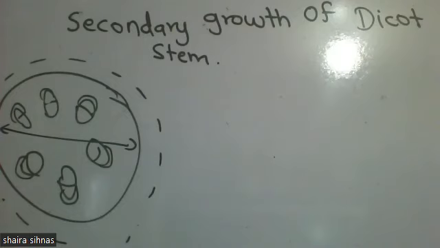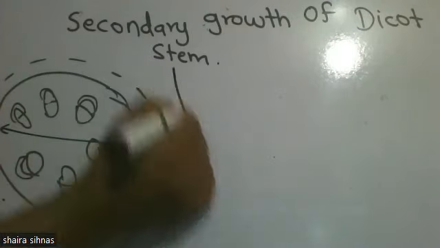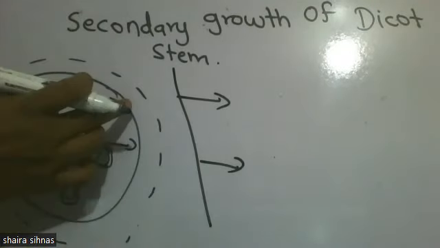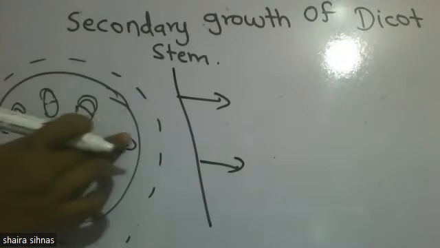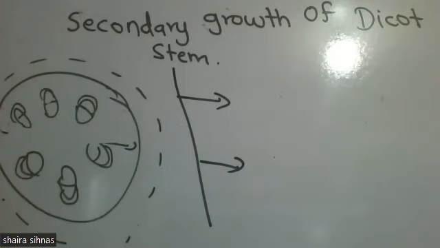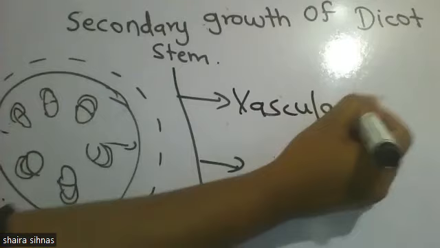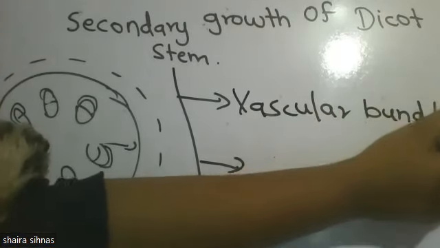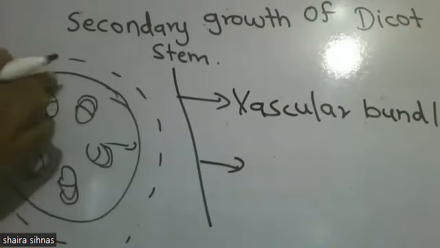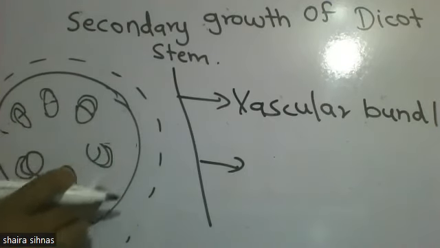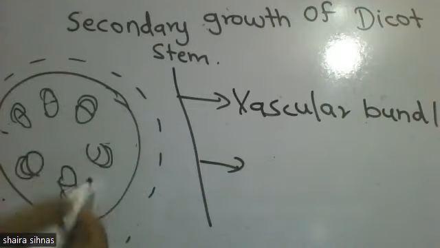Okay, right. So this secondary growth can occur in 2 places. One place, you can see these are the vascular bundles, so it is going to happen near the vascular bundles. The second one is the cortex part. In the previous video we saw this is the cortex part.